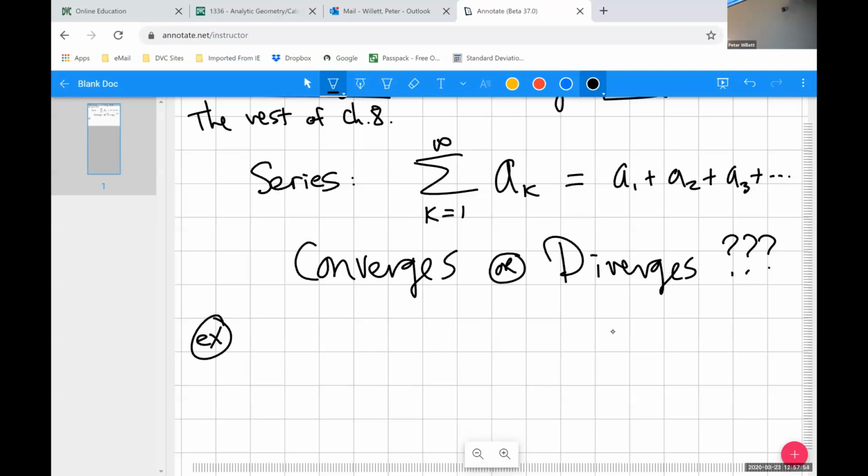So consider a series as k goes from 1 to infinity of 0.6 times 10 to the minus k.